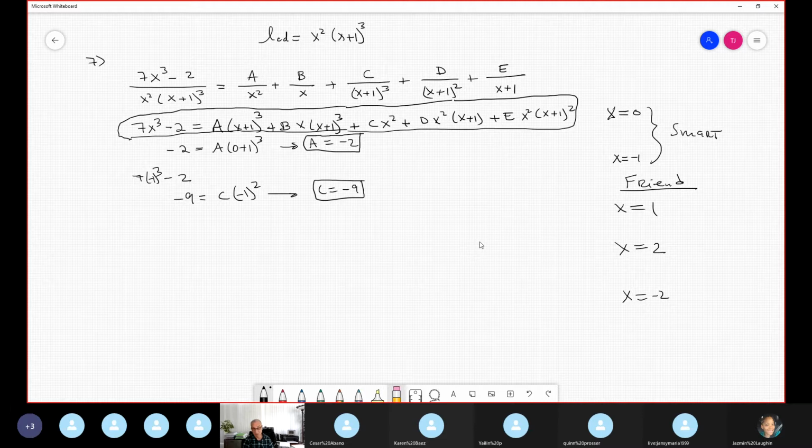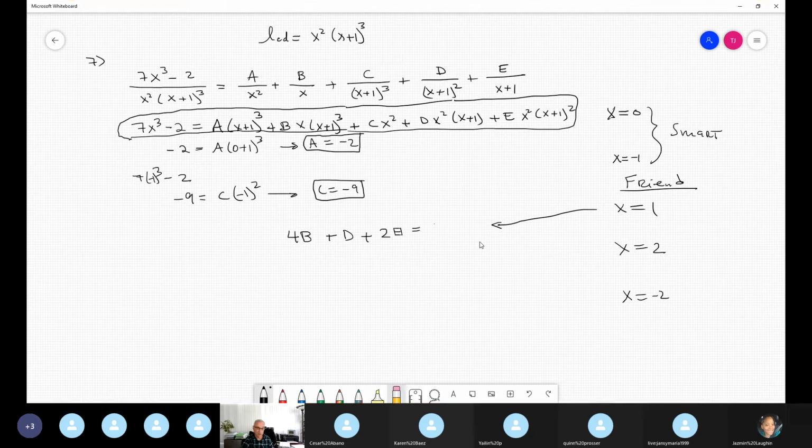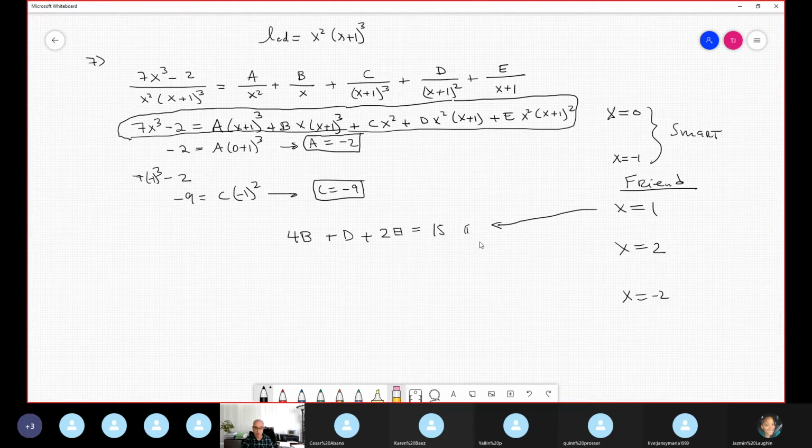For x equal 1, I get this equation: 4B plus D plus 2E equals 15. I call it equation number 1.